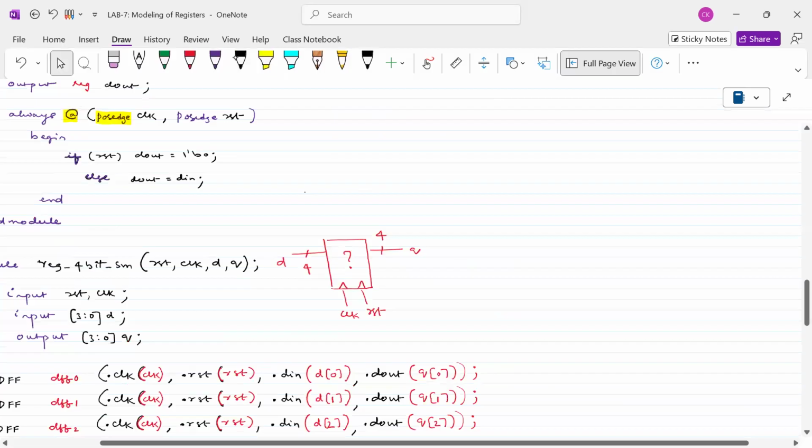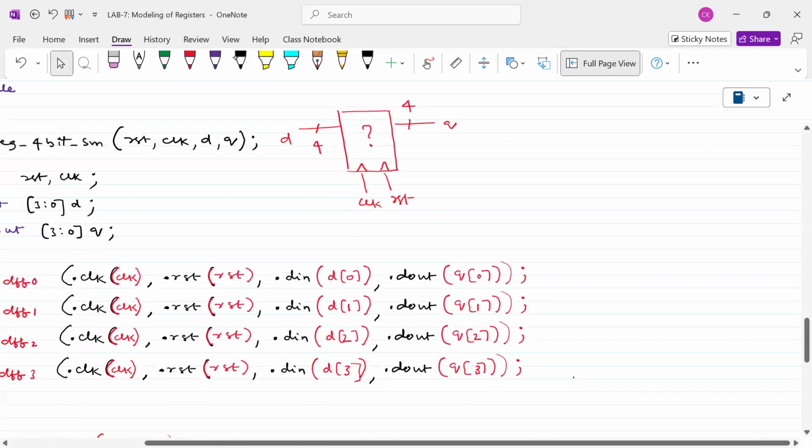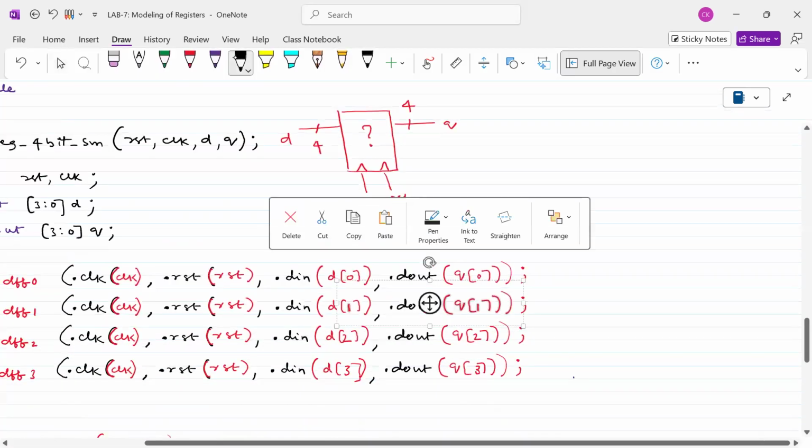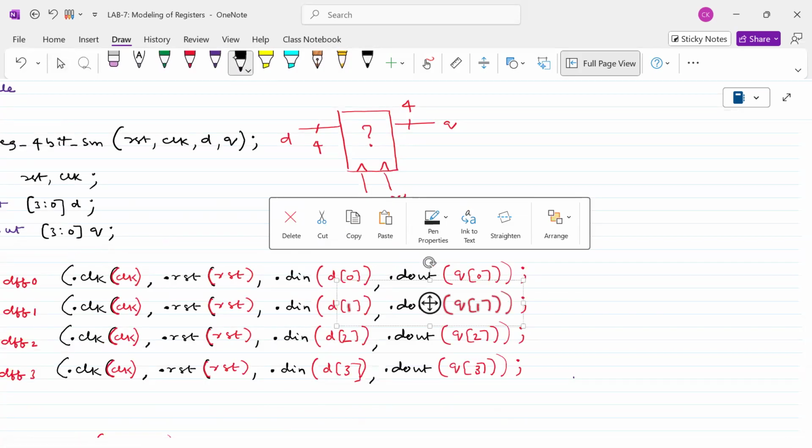For the time being, let me answer it in this way. How many clock signals are required to do this operation for serial in and get the serial out? Only one clock is sufficient. The moment you apply the clock signal, all 4 data inputs will be loaded and then get out. Only one.